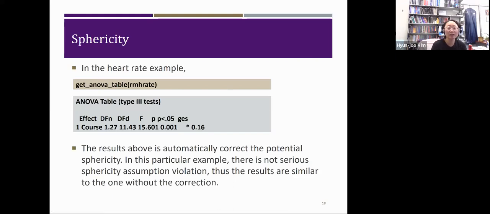In the heart rate example, the get_anova_table function automatically applies the Greenhouse-Geisser correction, just as we said in the previous slide, and presents the following ANOVA table right here. Notice that in this particular example, there is not a serious sphericity assumption violation. Thus, the results are similar to the results using the anova_test function.